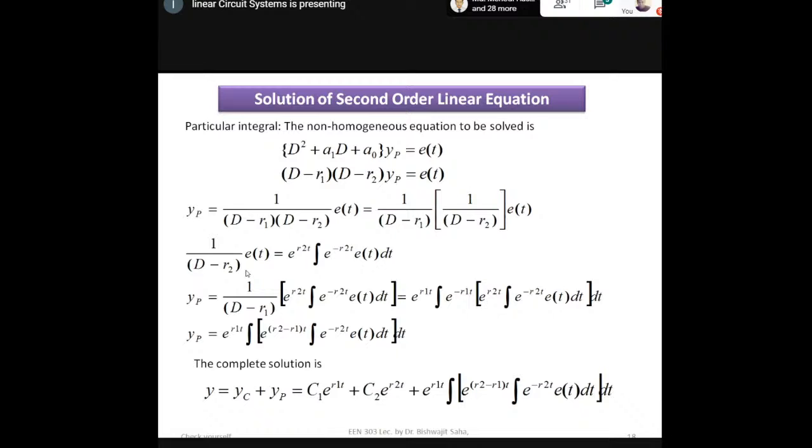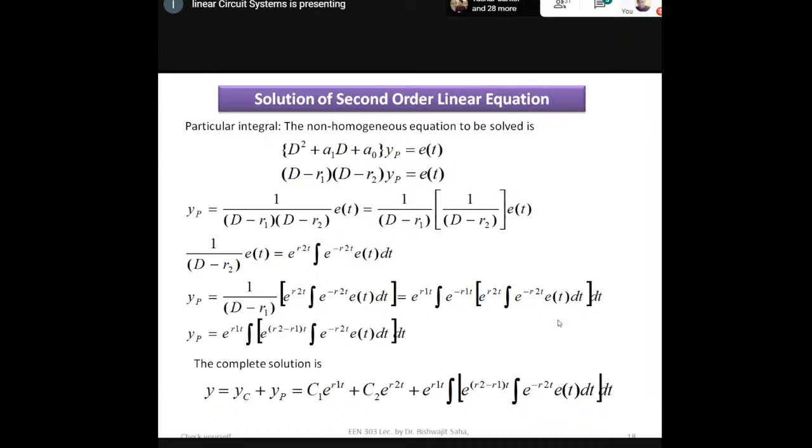So we are rewriting YP equals 1 over D minus R1 of this, replacing it with e to the power R2t integration e to the power minus R2t e of t dt. This equals e to the power R1t integration e to the power minus R1t multiplied by e to the power R2t integration e to the power minus R2t e of t dt, where the whole integration is dt.